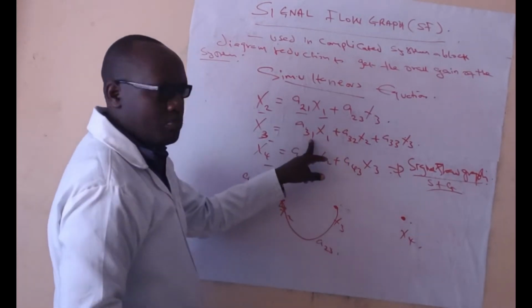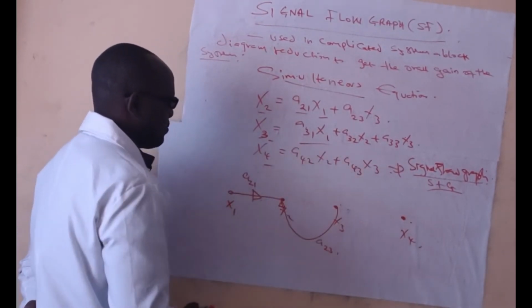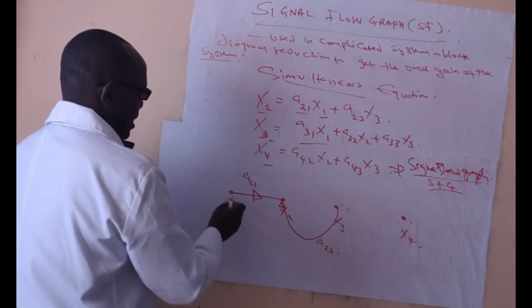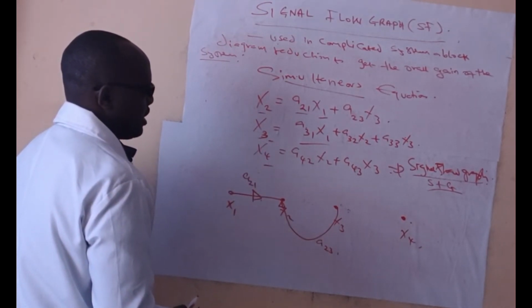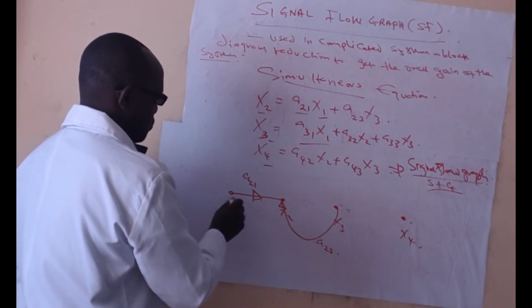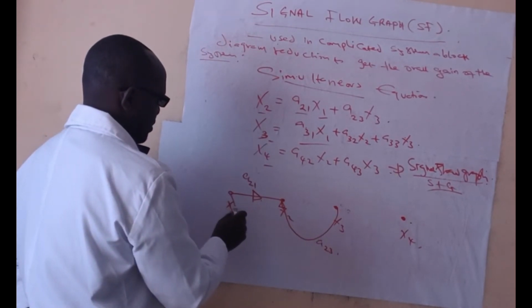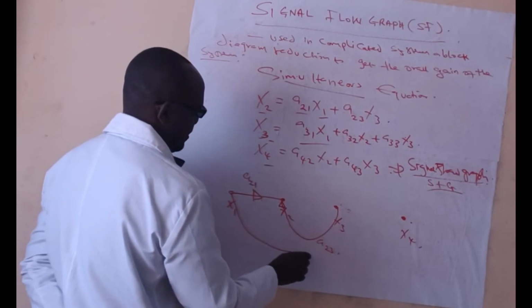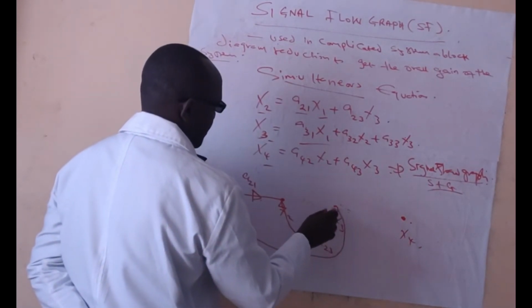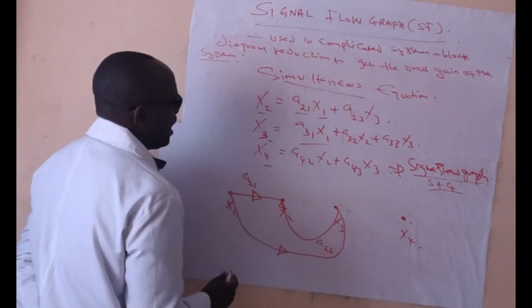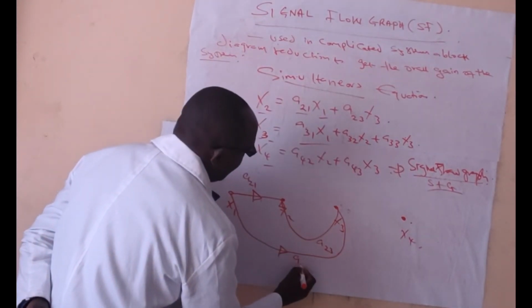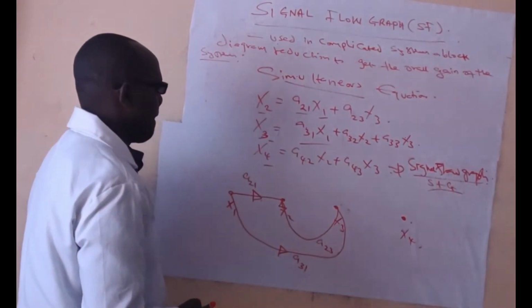Then we can start from this one. It means this one is coming from x1, so x1 to x3, and this one is going in this direction, and the gain will be a31.